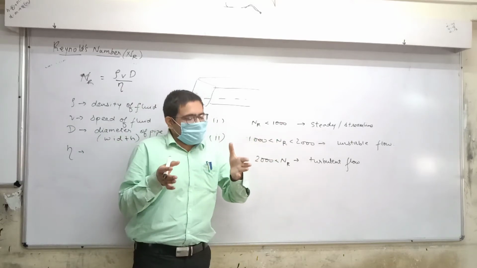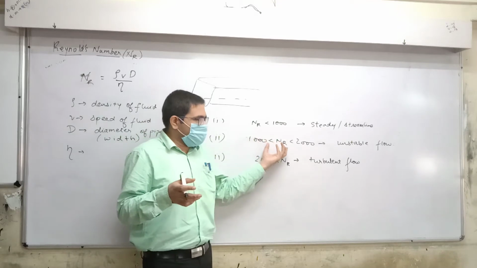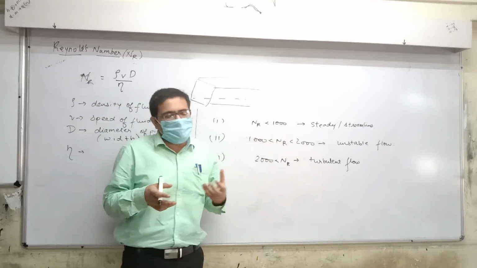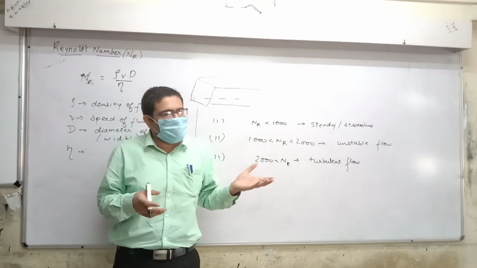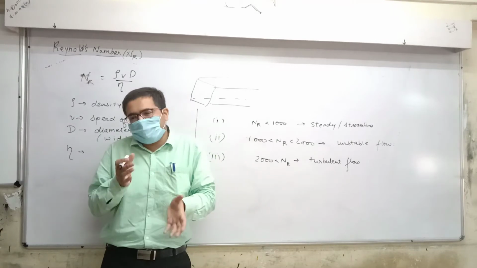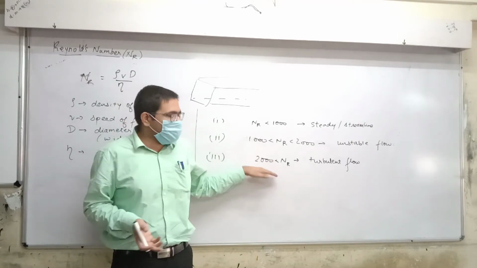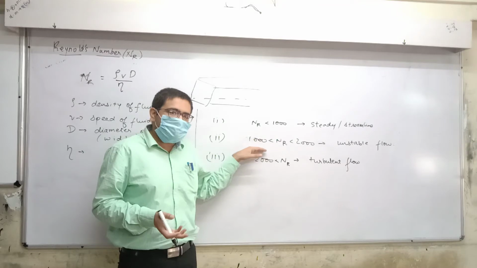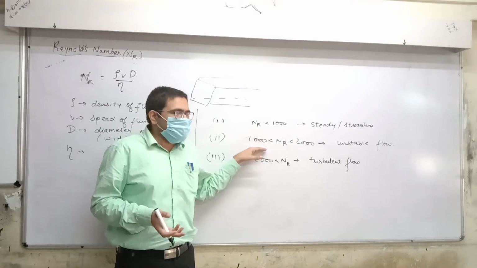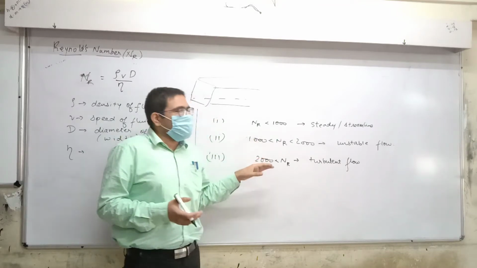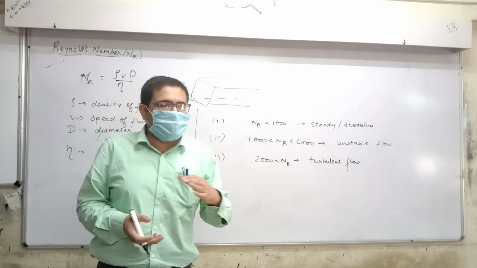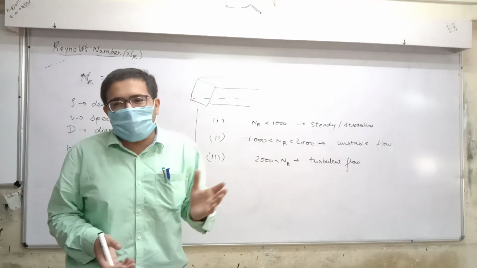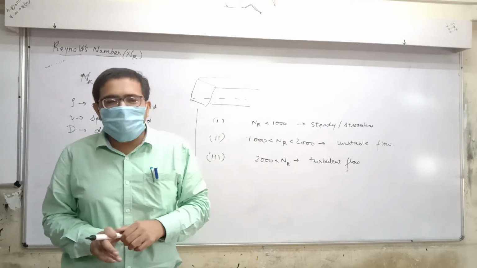At some places, flow with N_R between 1000 and 2000 is going to behave as if it's steady flow. At some places, suddenly things will change and it will become turbulent. And turbulent means completely violating all the ideas of streamlined flow.